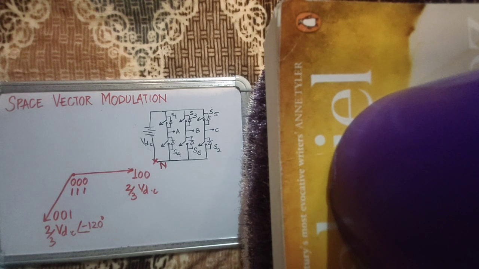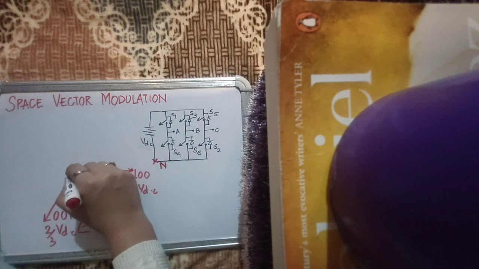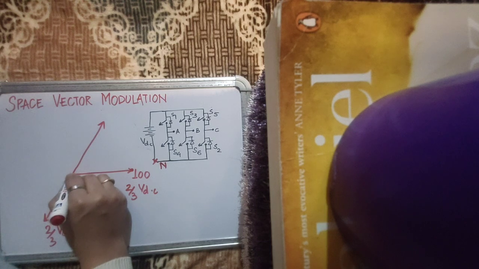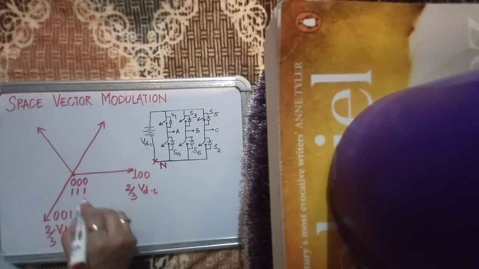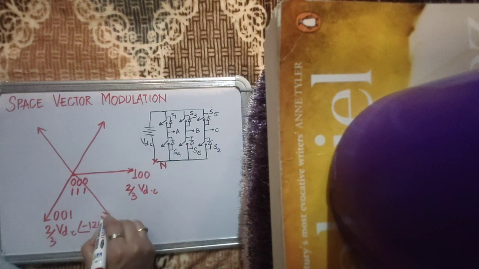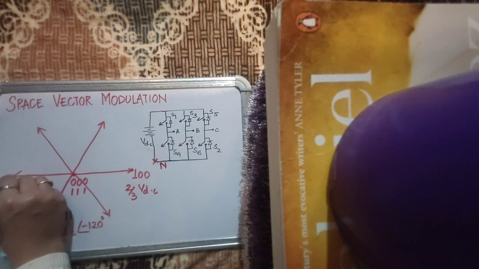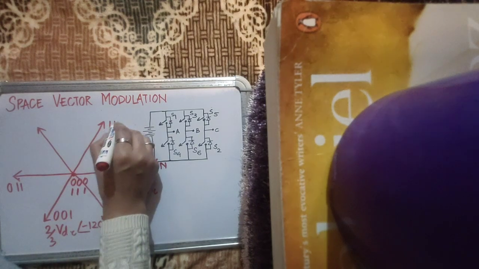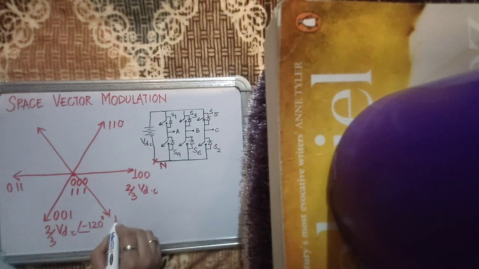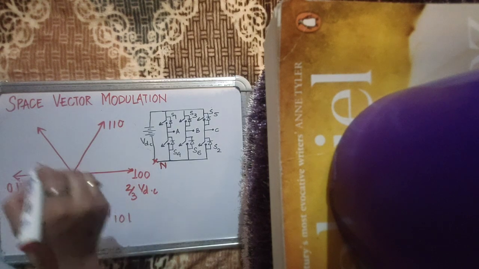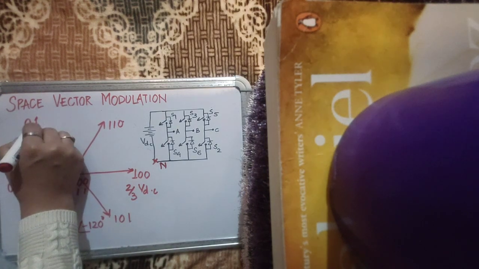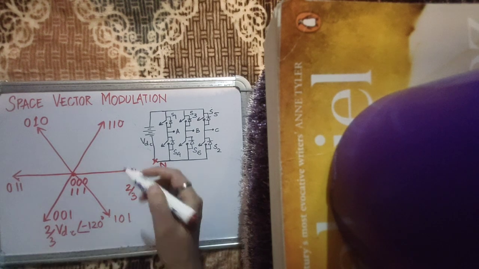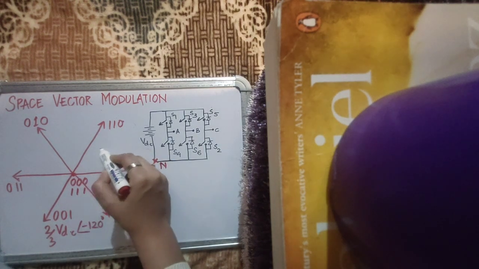If you calculate for the remaining states, you will see that they occupy the corners of a hexagon, something like this. If you calculate for 110, you will find an angle of 60 degrees.